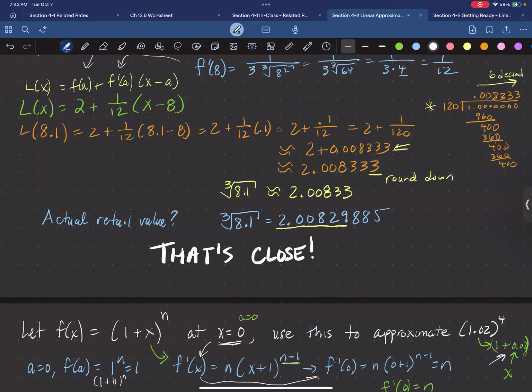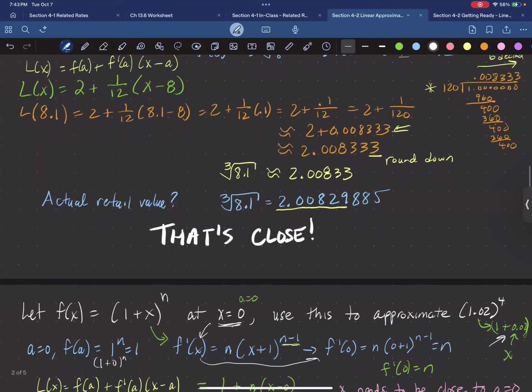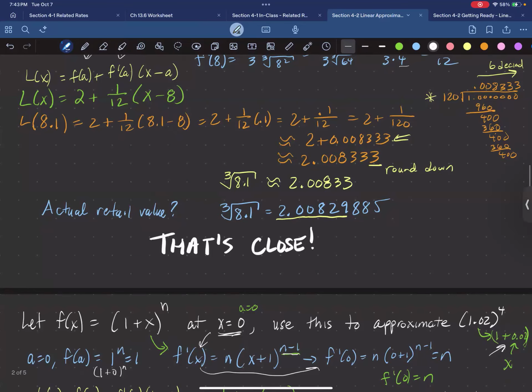Again, we've got n times 0 plus 1 to the n minus 1 power. 1 to any power is just 1. So f prime of 0 is just n. So I needed that, and I needed f of a, and I needed a for my linear approximation.